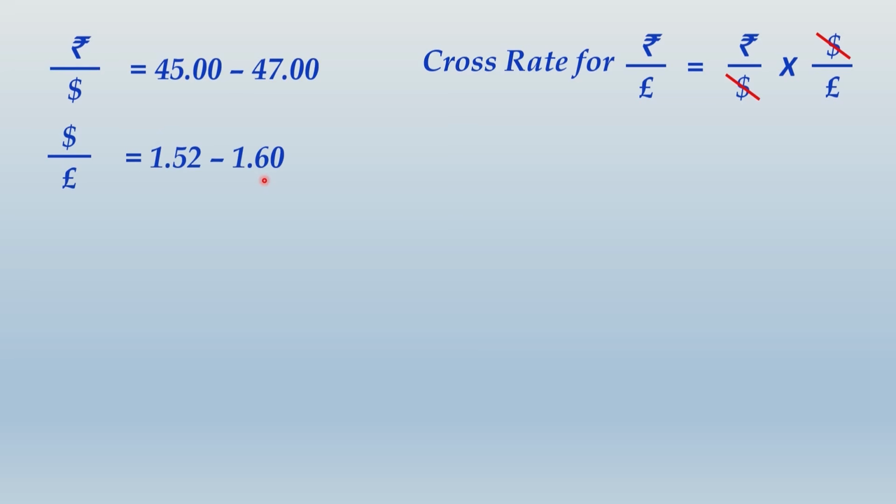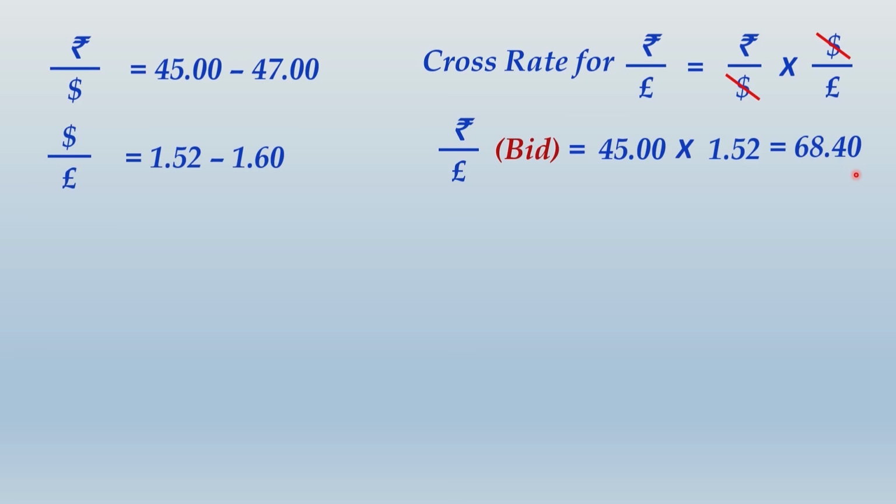So definitely a confusion exists, and to resolve this, what we have just learned, bid rate will be multiplied to bid rate and ask rate will be multiplied to ask rate. Therefore, when you take rupee per pound bid rate, you will take rupee per dollar from here as bid and dollar per pound from here as bid again. So bid getting multiplied to bid only, and when you multiply 45 to 1.52, you get 68.40.